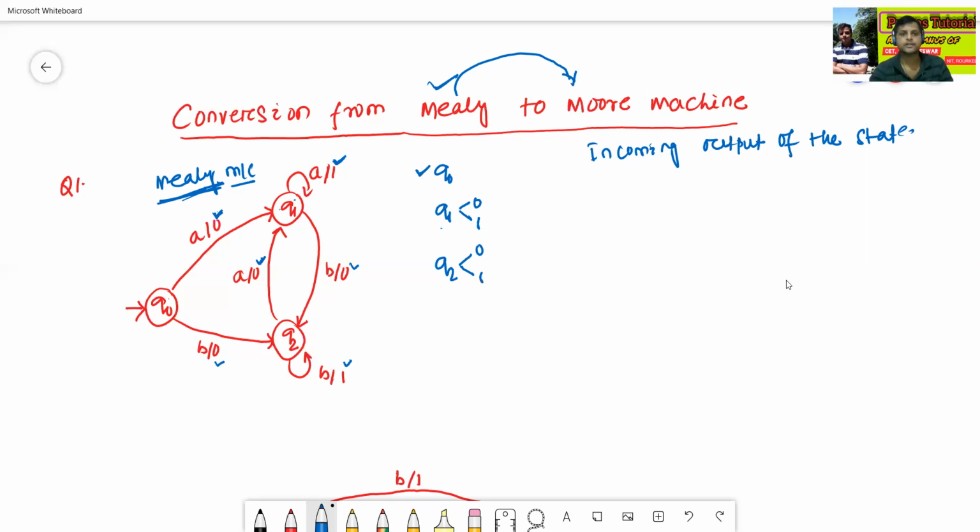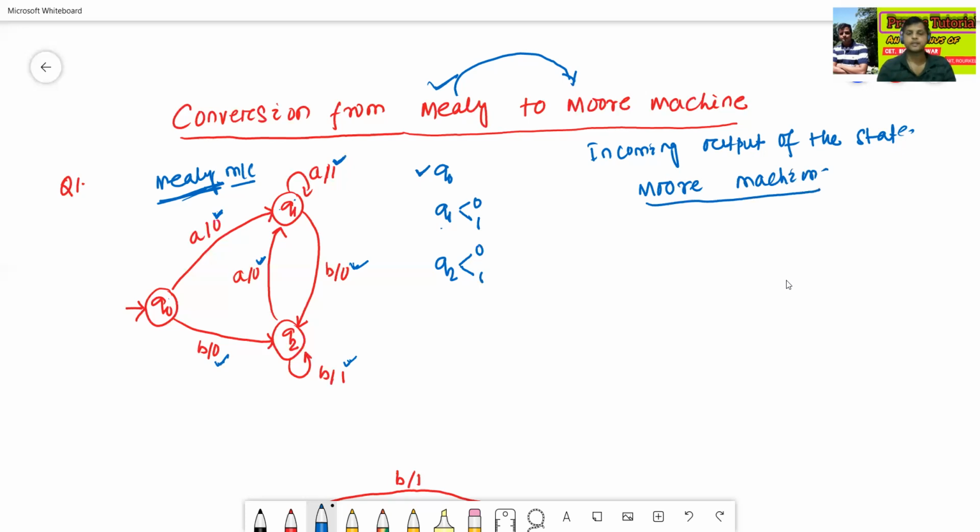Similarly, for Q2 there are two different incoming outputs, 0 and 1. Based on these outputs, we will form the number of states in the Moore machine. Now we'll construct the Moore machine.